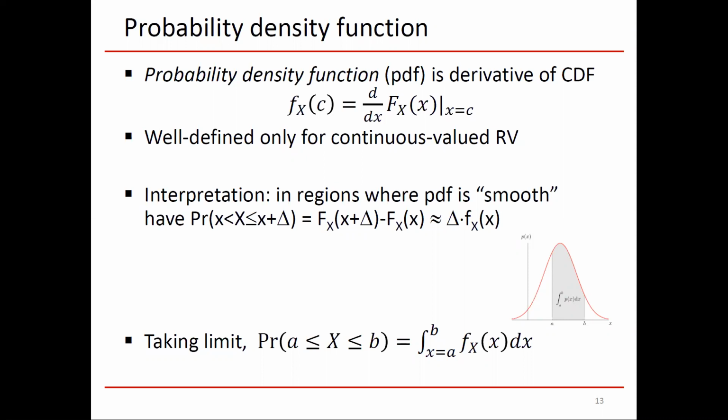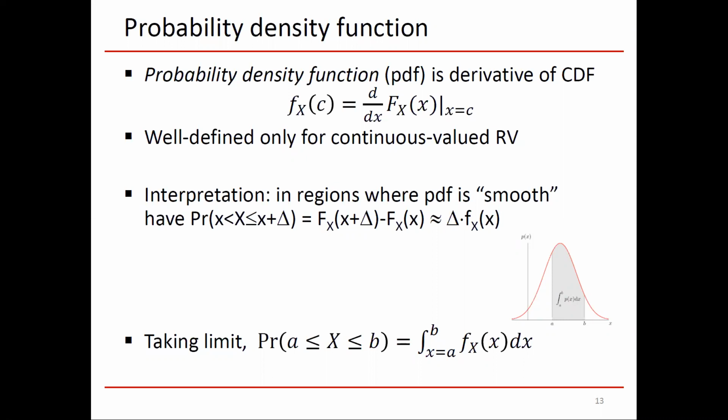And formally, we're looking at f sub capital X for the random variable. Lowercase x is the value that we're looking at, and we're evaluating the derivative at x being equal to c. This is well defined only for continuous valued random variables.